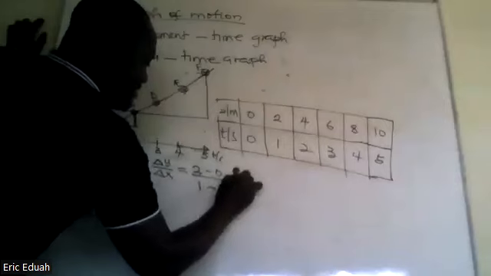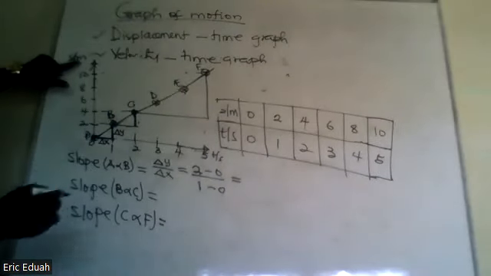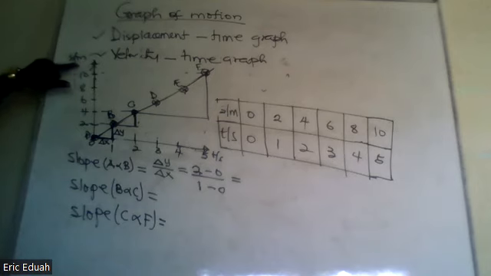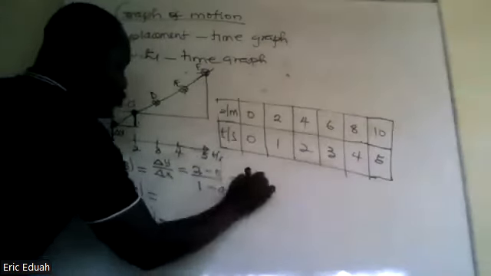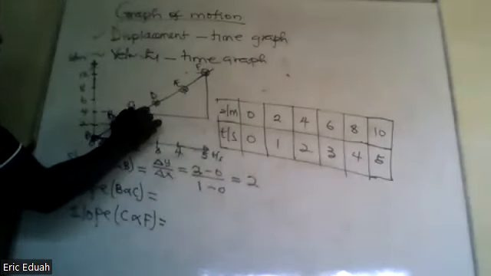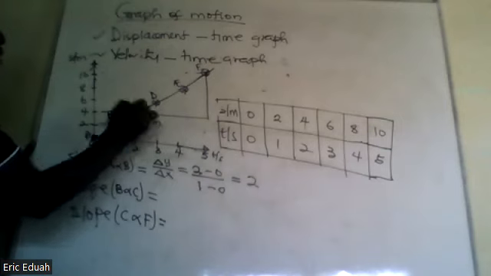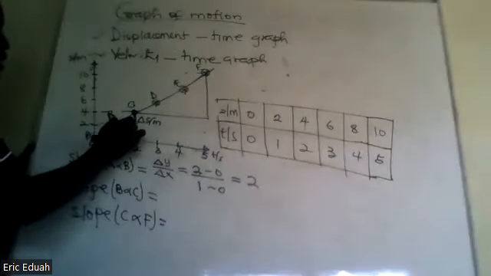Thank you. The reason why we attach units to the axis is to help you eventually determine the SI unit of your slope. From here we have 2. But the vertical change in the x, what is the unit? M. Change in the t, what is the unit?